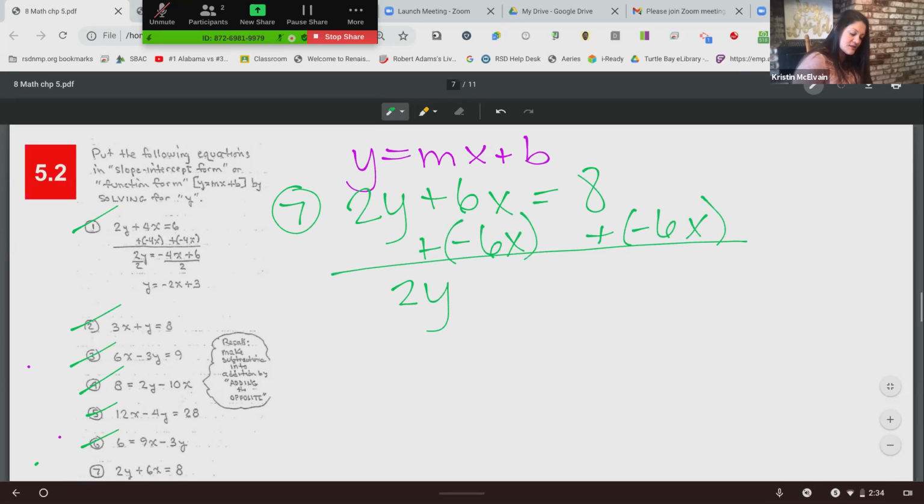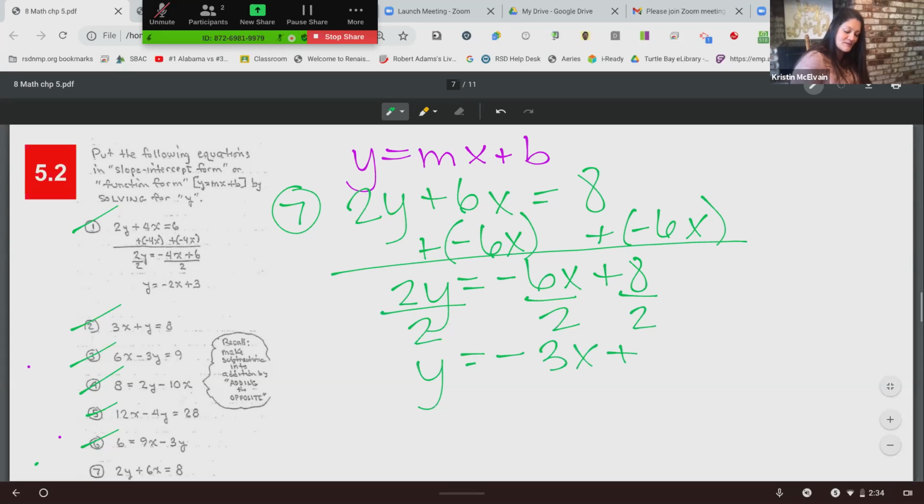That leaves me with 2y equals negative 6x plus 8. To get y by itself, I now have to divide by 2. Whatever I do to one side, I do to the other. Y equals negative 3x plus 4. My m is negative 3, and my b is 4.